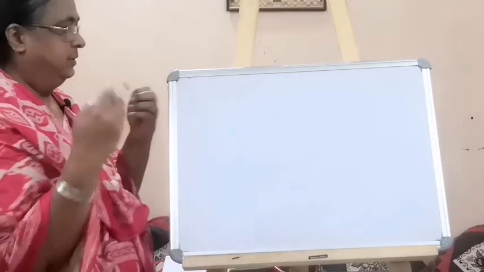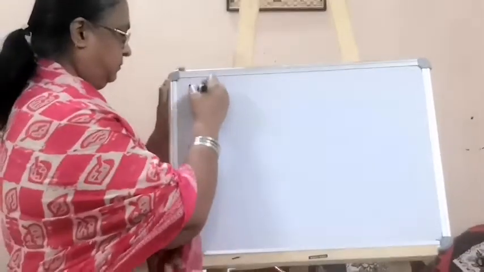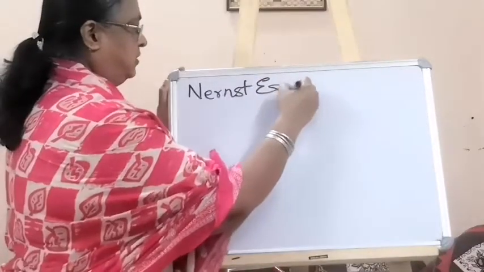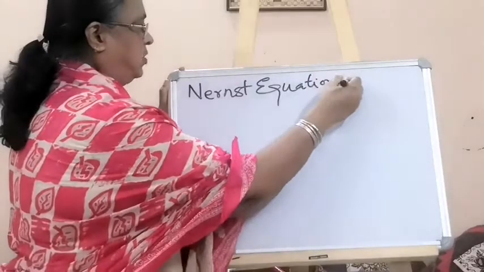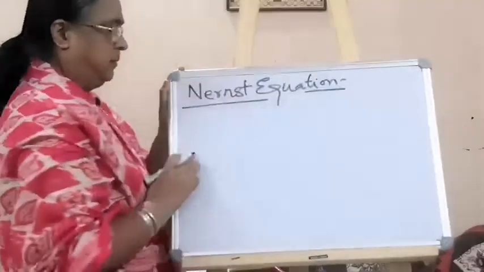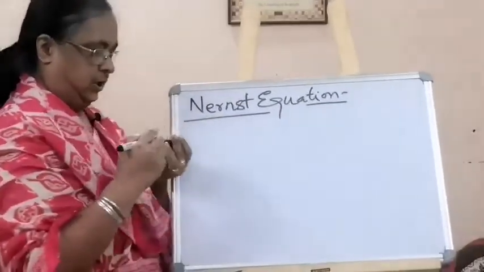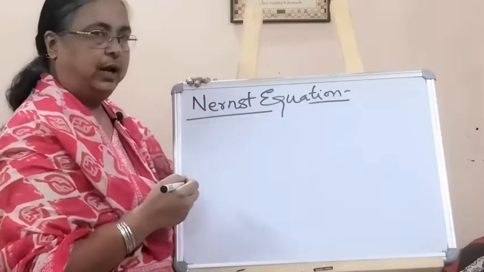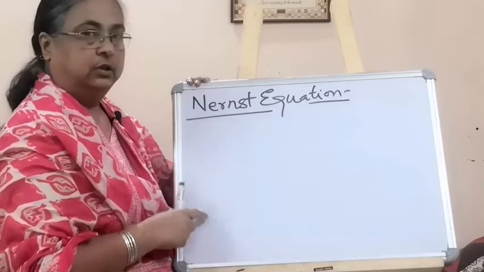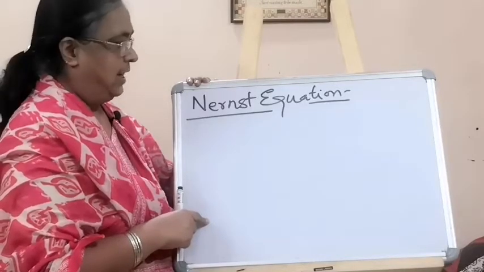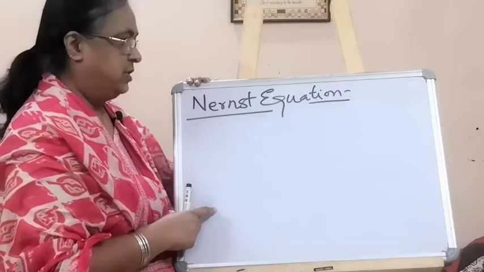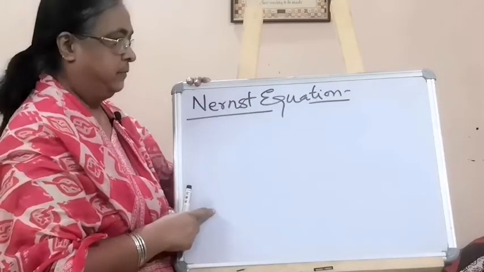Today we will do the Nernst equation. This equation is used to find the electrode potential of a half cell, or of an electrode assembly, when the conditions are not standard.